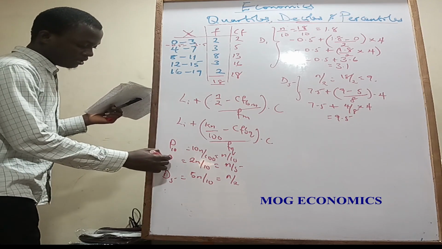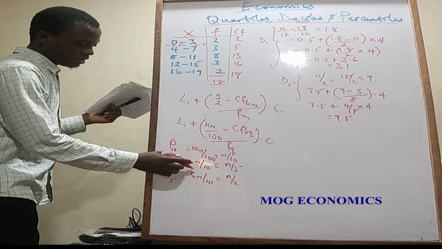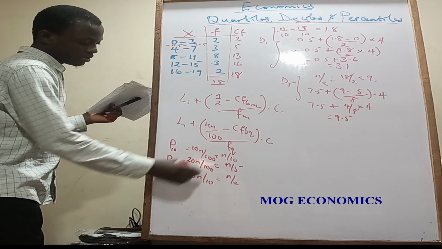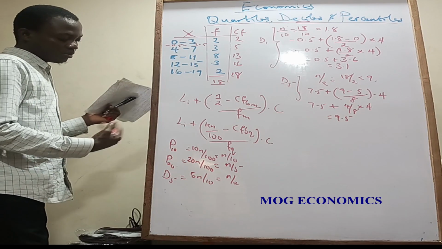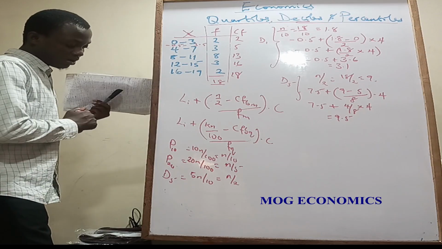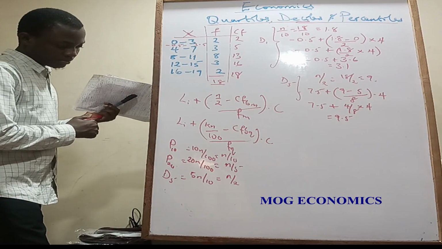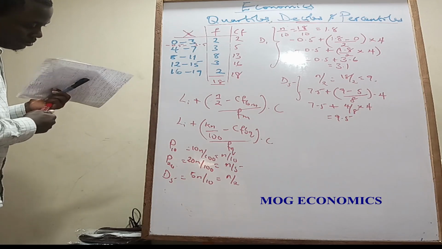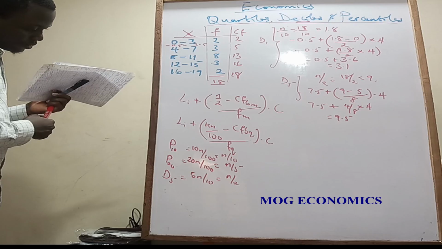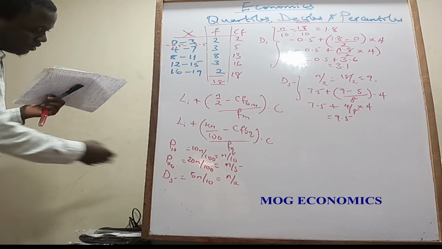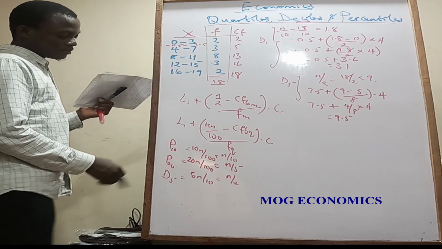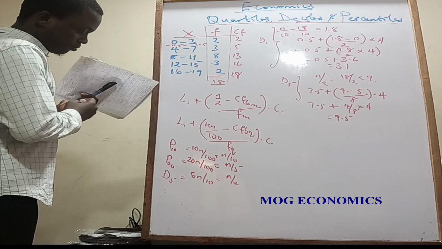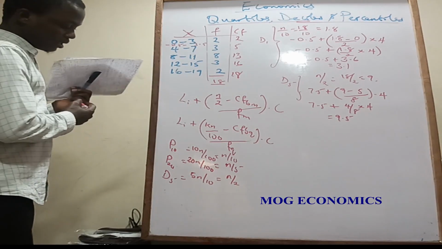Your P20 is going to be 20n over 100, the same as n over 5. So is it equal to your fifth decile? No, it's not. What did we erase here that gave us n over 5? Yeah, I think that should be D2, the second decile.